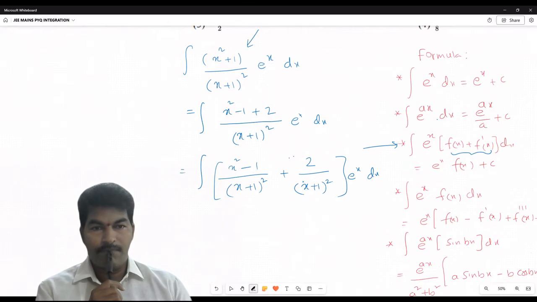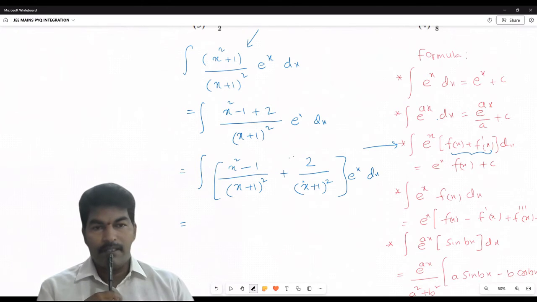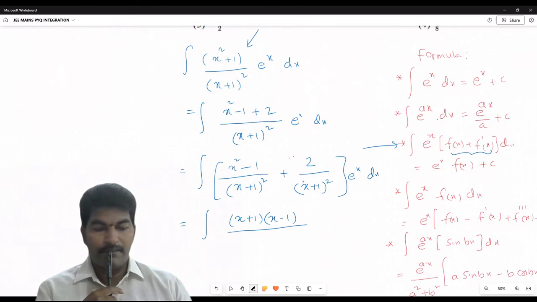Understood this one? And you can see this x square minus 1, you can write as x plus 1 into x minus 1. We will express x square minus 1 as (x plus 1) into (x minus 1). Understood this one?